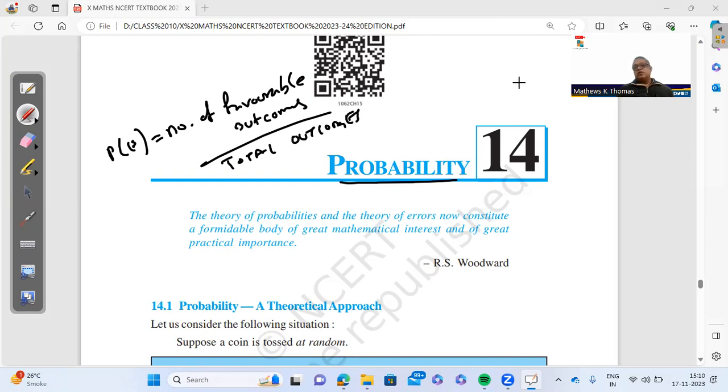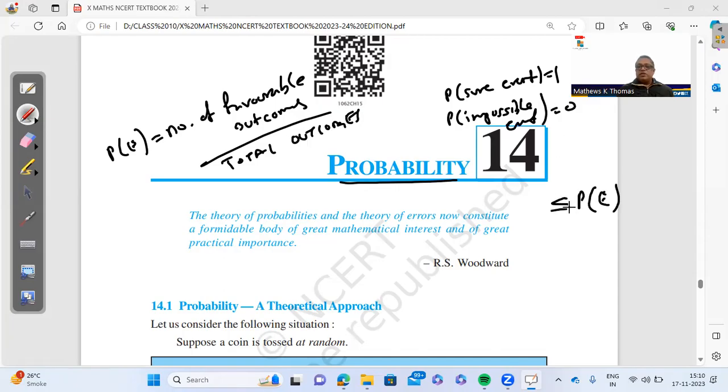One thing to remember is that whenever there is a sure event, the probability is 1. Probability of an impossible event is 0. Therefore, all answers of probability will be greater than or equal to 0 and less than or equal to 1. Nothing should be below 0, nothing should be more than 1. Every answer of probability should lie between 0 and 1.